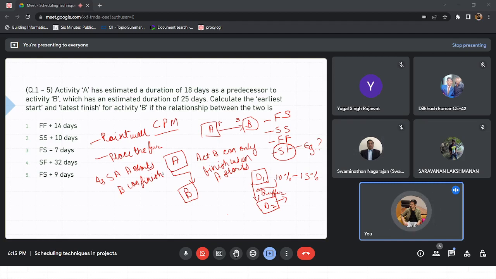Let me write one keyword here. That is the most common example when it comes to start to finish: handover. Let's suppose your activity B is hoisting some equipment, the formwork, with the crane to the 4th level, and shuttering has to start on the 4th level.